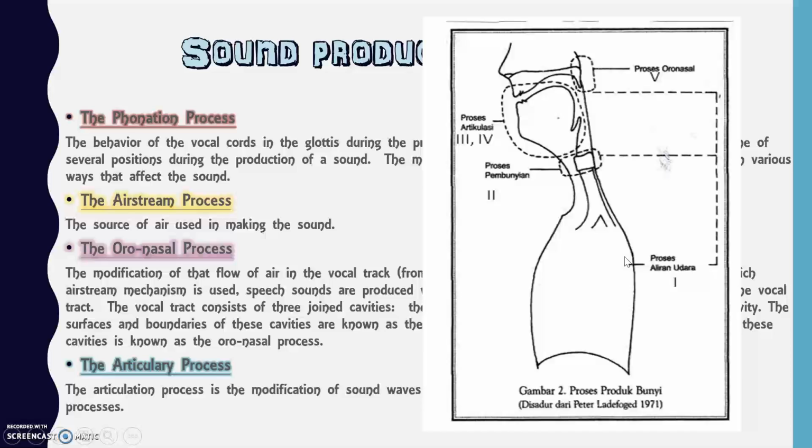The airstream process is happening here, and the oronasal process is here, in the nose, and the phonation process is here, at the throat, and the articulatory process is in the mouth. Okay, let's stop.